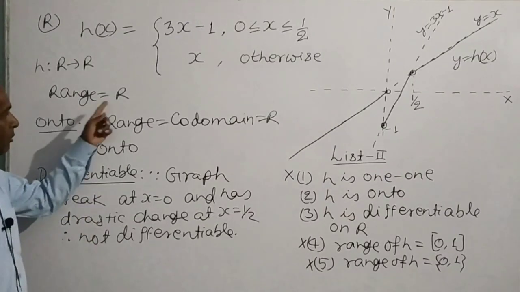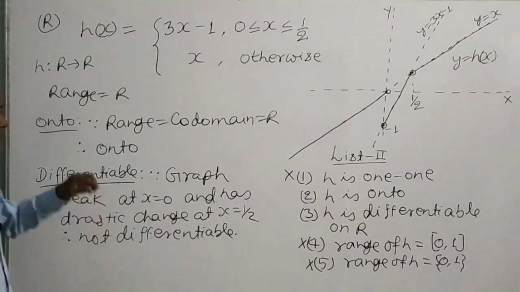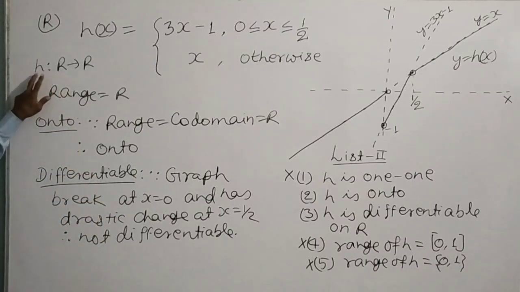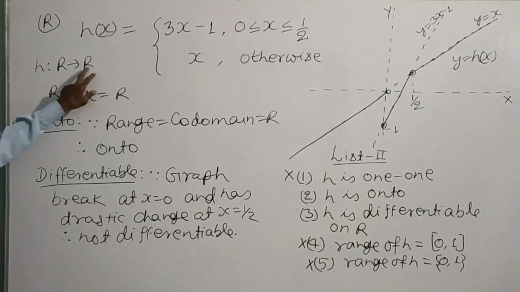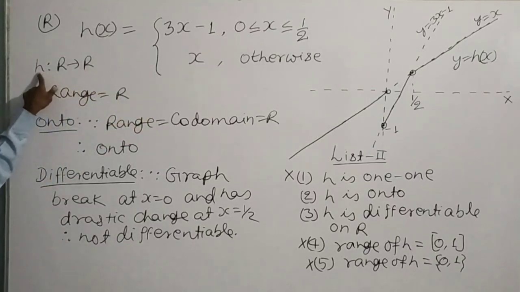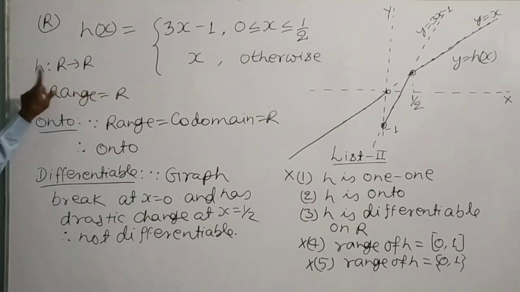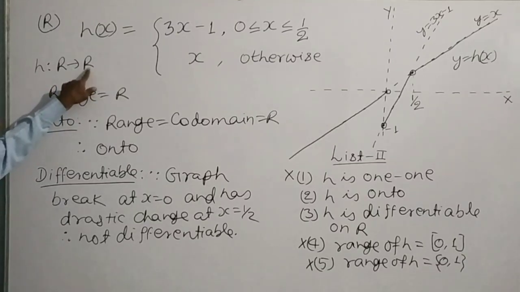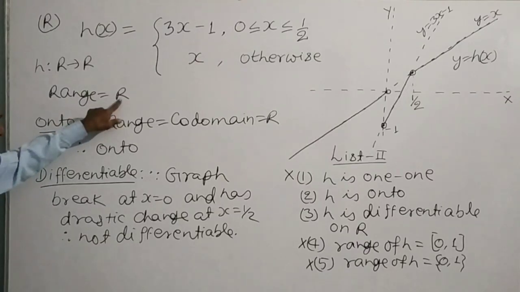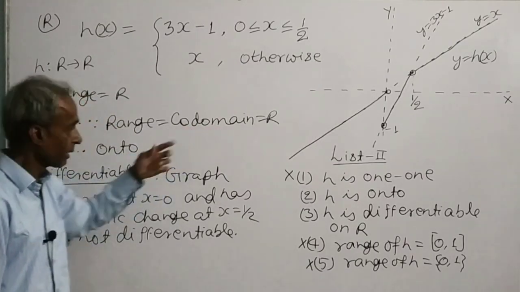Since the range of this function is R, and in the question it is given that h is a function from R to R, this R is the codomain of function h. Codomain is R and range is also R. That means range is equal to codomain.